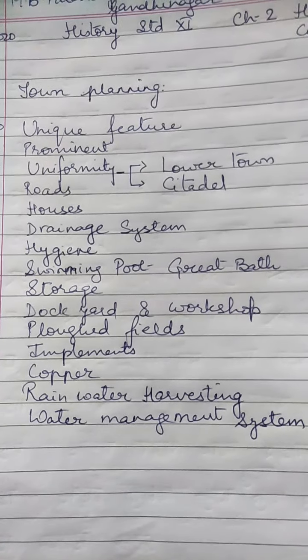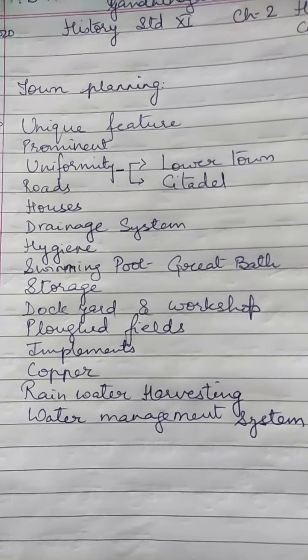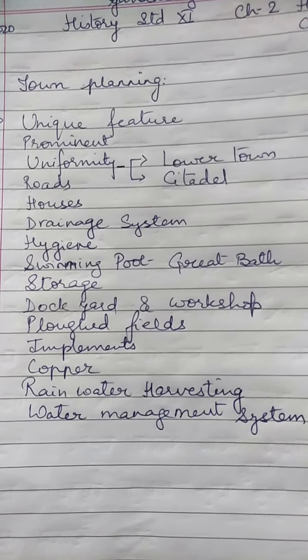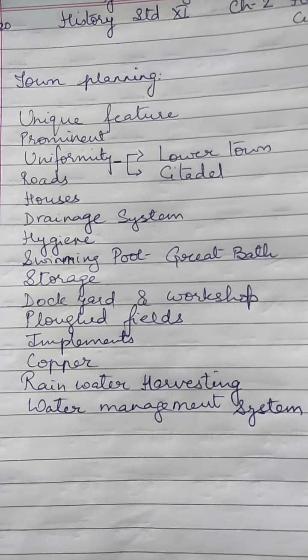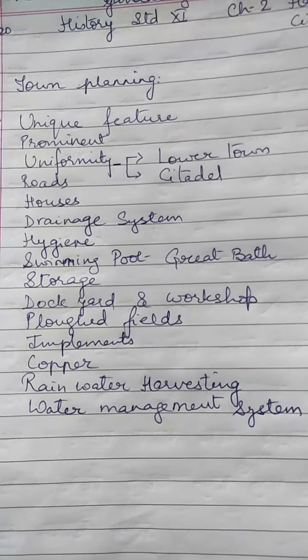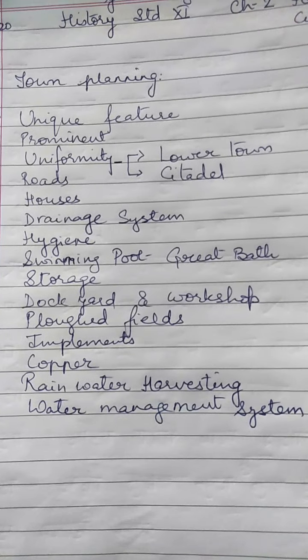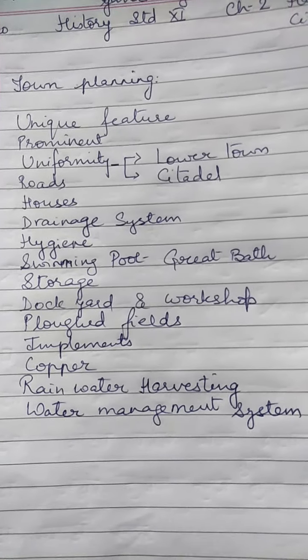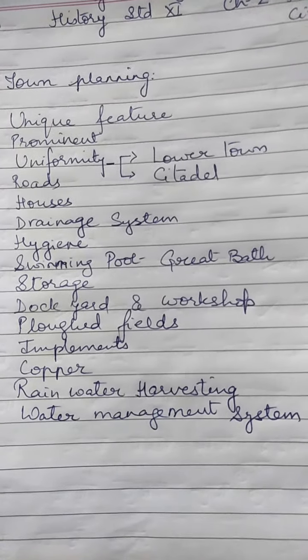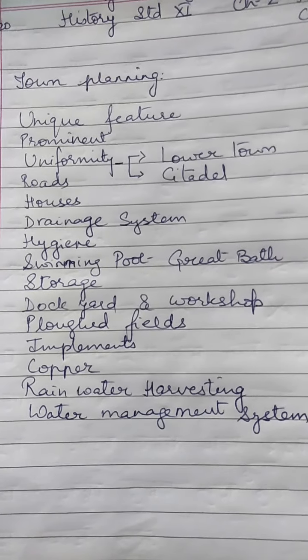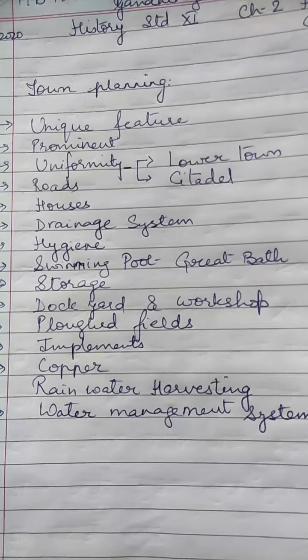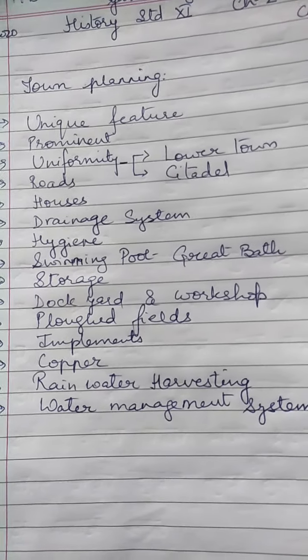The rainwater was directly collected and through pipes it was taken to three huge pools. Such a wonderful management of rainwater was implemented by the Harappan civilization. It is considered to be the oldest ancient water management system.